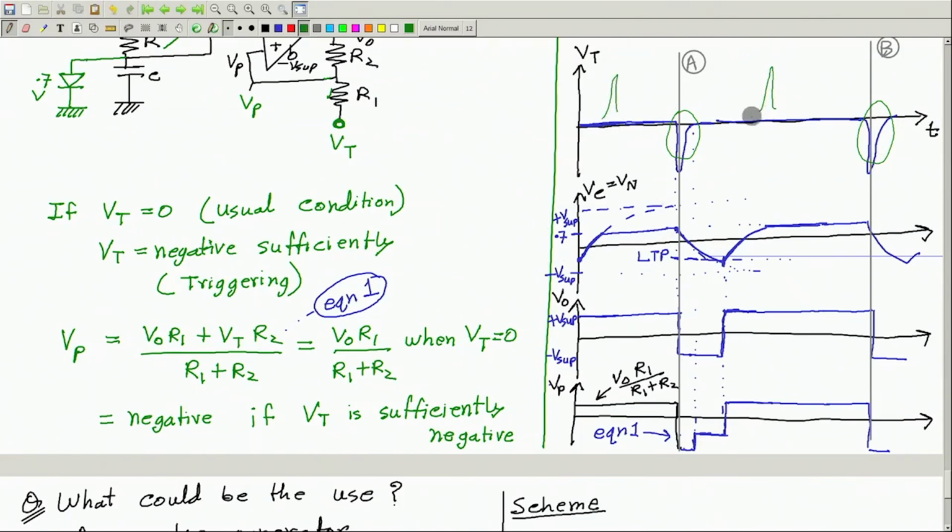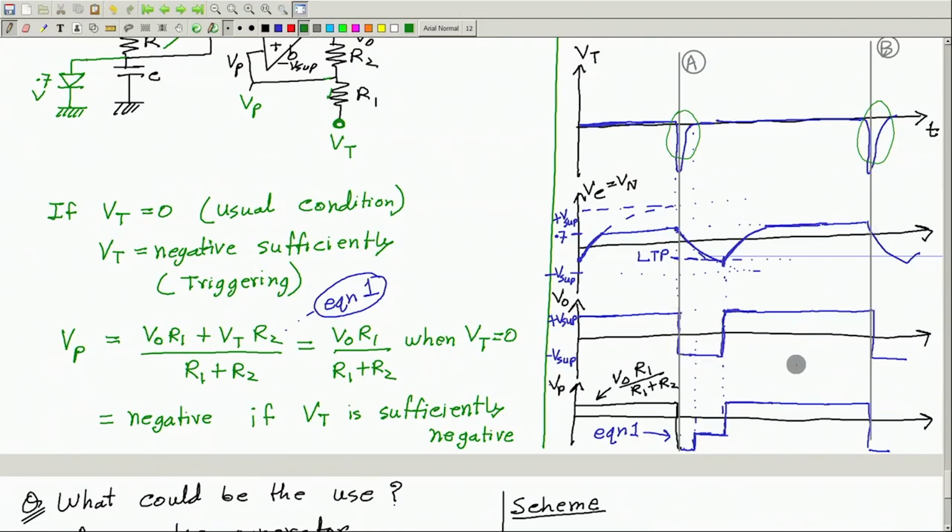I request you to think yourself and be satisfied that the positive ones will not have much effect. Only the negative pulses will cause the capacitor voltage to vary like this.